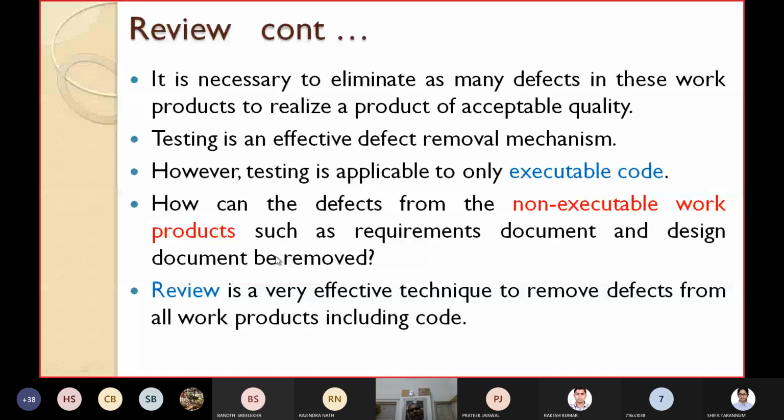You can use testing for the executable code, and review for non-executable work products such as the SRS. So review is a very effective technique to remove defects from all types of work products, non-executable work products and executable code.